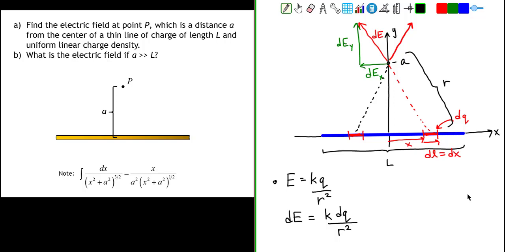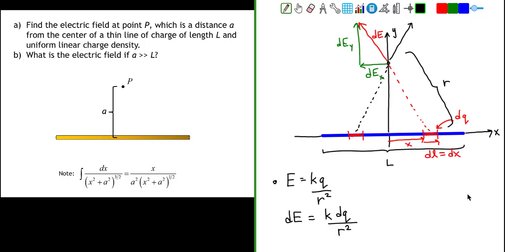So the point on the left will contribute to the net electric field at point A. Since they are both positive charges, their x components are going to be opposite in direction.